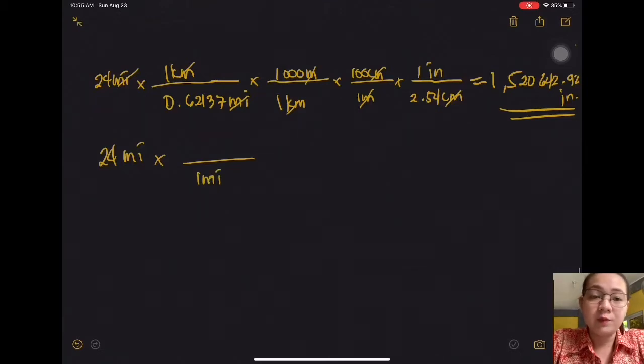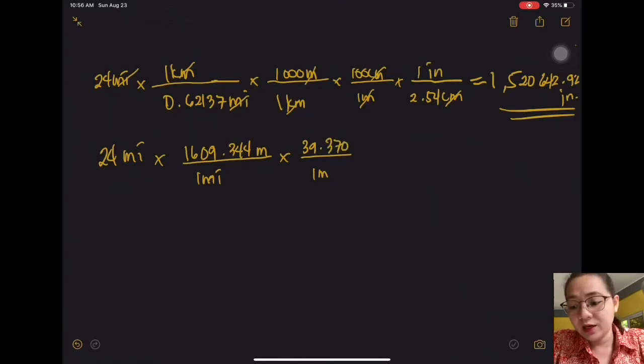So, 24 miles per hour is equivalent to how many meters? In 1 mile, there is 1,609.344 meters. And how many inches are there in a meter?